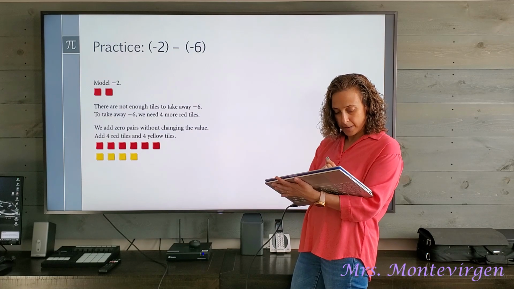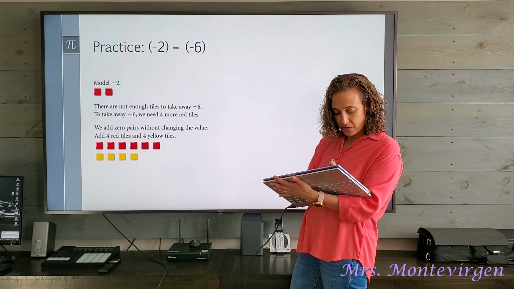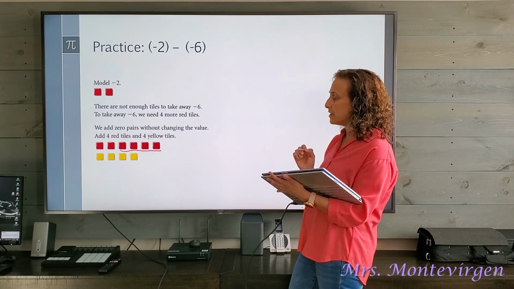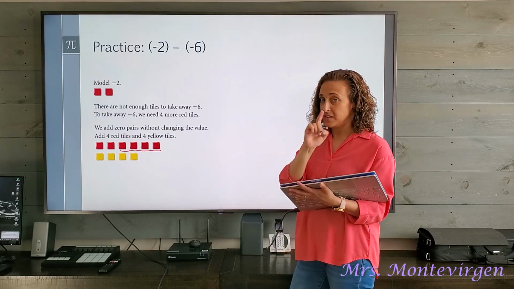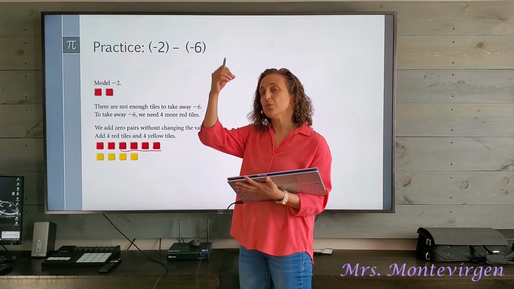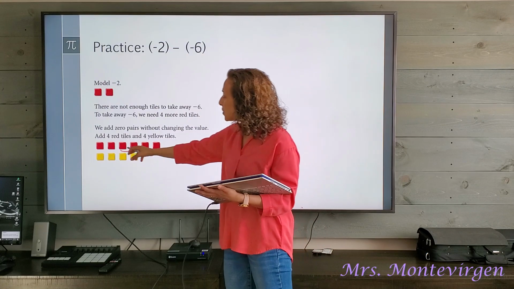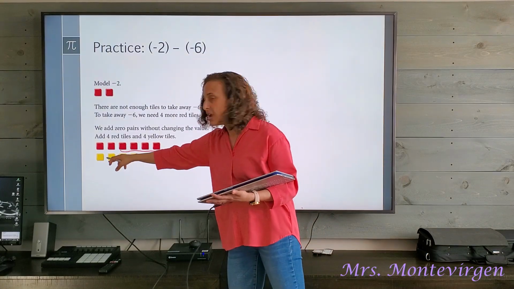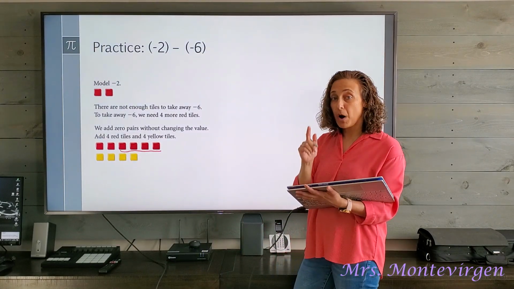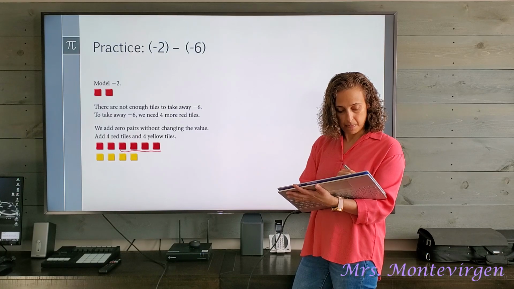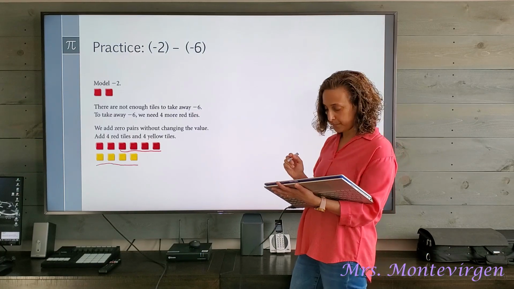Now remember that. I had to add these 4 negative tiles. Now, again, as I said before, we have to add 0 pairs. So I added 4 negative tiles. I'm going to add 4 positive tiles. Okay?